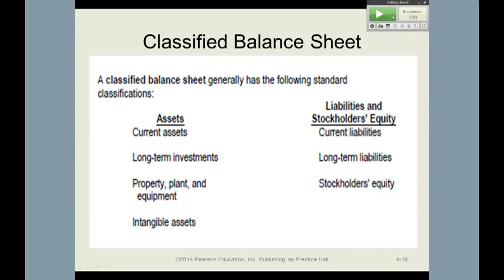So when you look at the slide, you'll see that these are typical categories on the balance sheet. You've got current assets, long-term investments, property, plant, and equipment, and intangibles, which we will define today. And then you've got your current liabilities and your long-term liabilities and stockholders' equity.